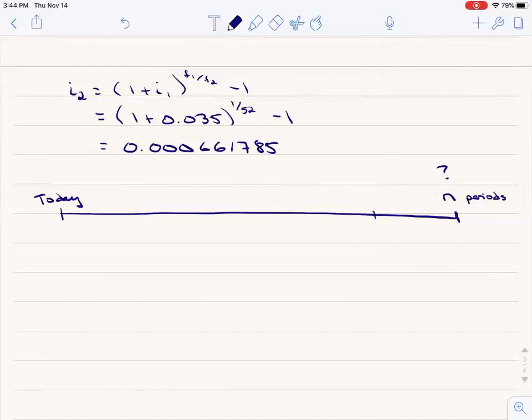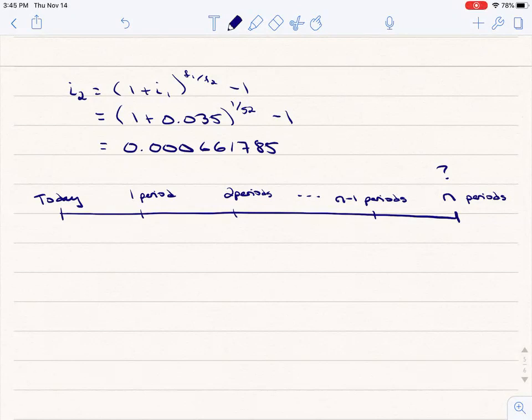And I know the one before that is at N minus 1 periods. And after today, I've got the first period, 2 periods, dot, dot, dot, right? Still have 3 ticks in the front and 2 ticks in the back.